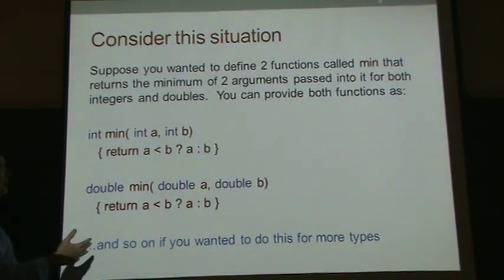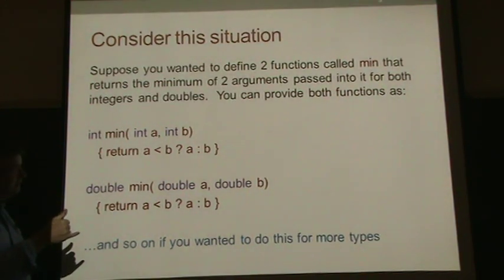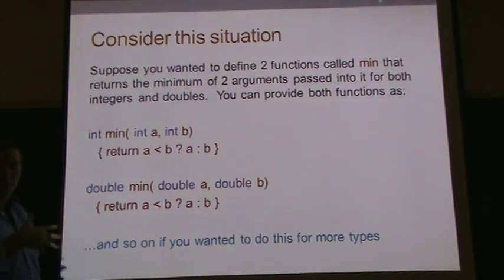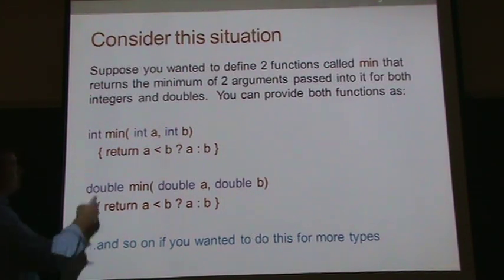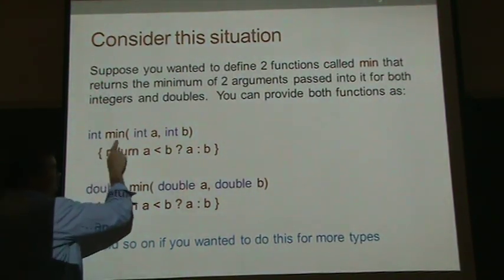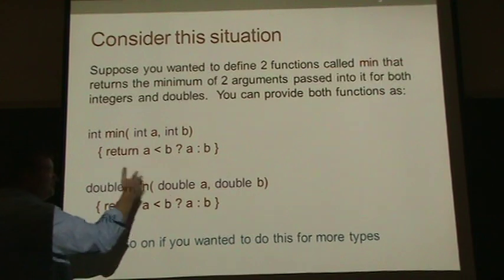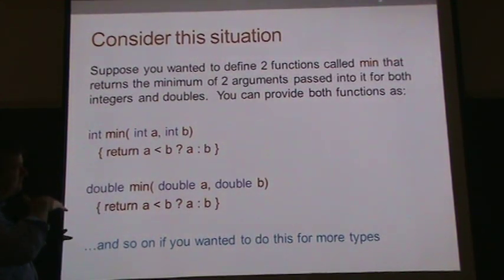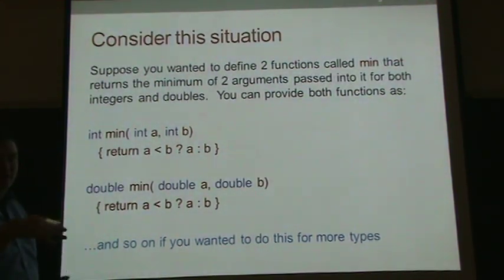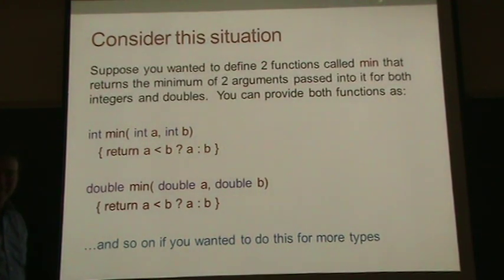So we'd have to somehow make the type like a variable or a parameter, something we haven't seen before. So off the top of your head, if you were designing a language to do this, what would you do? Would you put an x here, like x min, x a, x b, and then somehow declare x can be anything? Probably. Something along those lines, right?